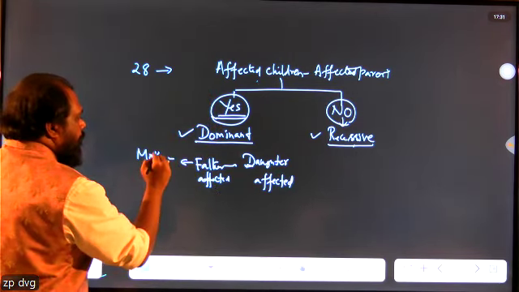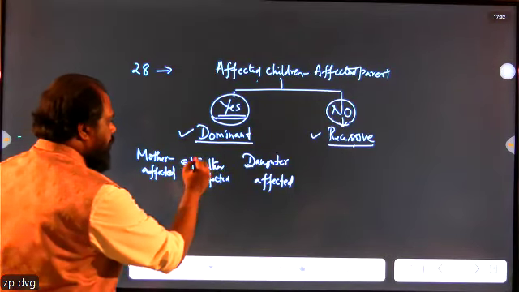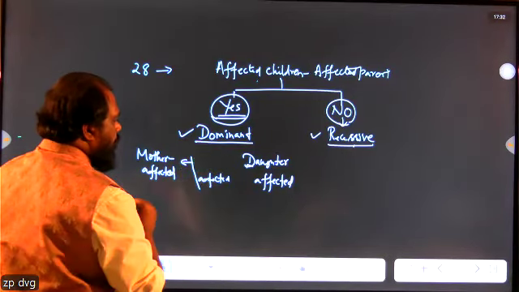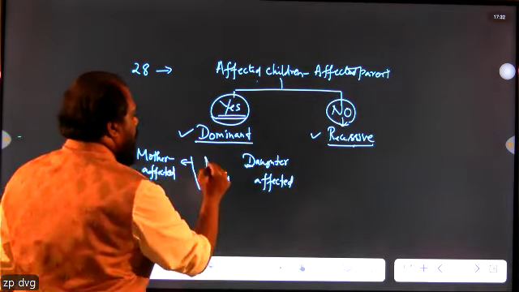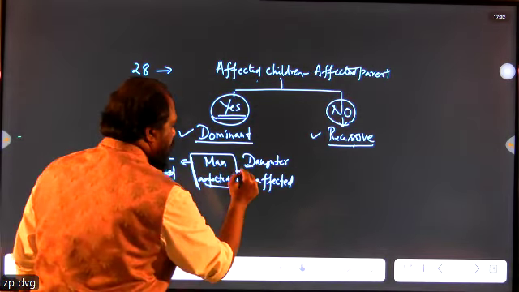Instead of the word father, I can say: if a man is affected, his daughter will be affected and his mother also will be affected. For this question, if the answer is yes, then it is X-linked. If the answer is no, then it is autosomal.